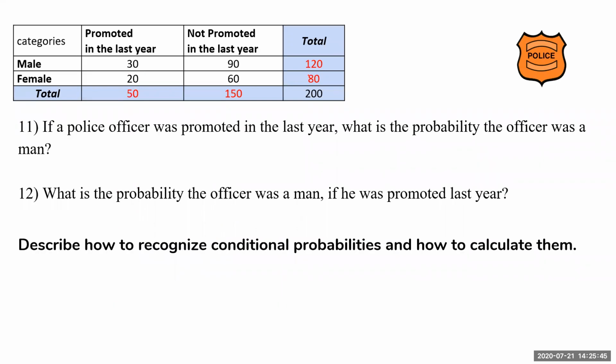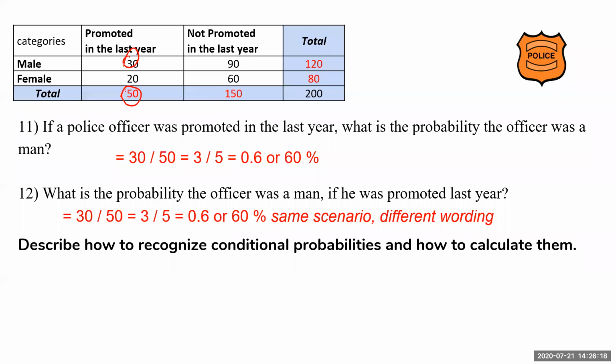So if a police officer was promoted in the last year, what is the probability the officer was a man? Promoted and man. "If". So anytime you see "if", you use the column or the row total, depending on what is being asked. So we are looking at if a police officer was promoted. So "if", so we have to use that total. Man. Okay.